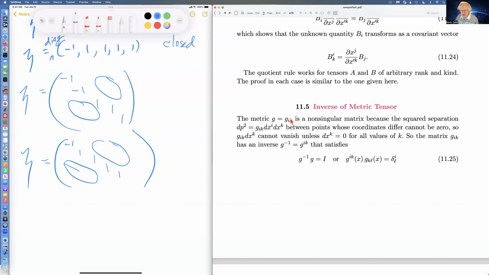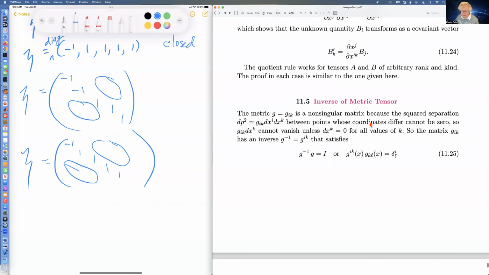Now, the metric is a non-singular matrix. The reason is that the squared separation between points whose coordinates differ cannot be zero. So in particular, GIK, DXK can't vanish unless all the DXKs are zero.